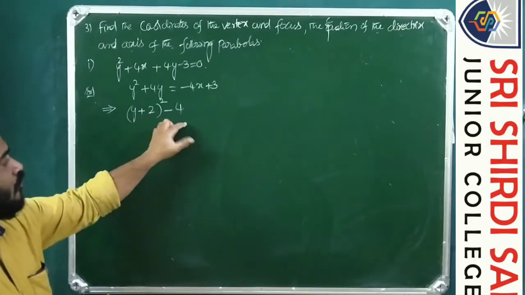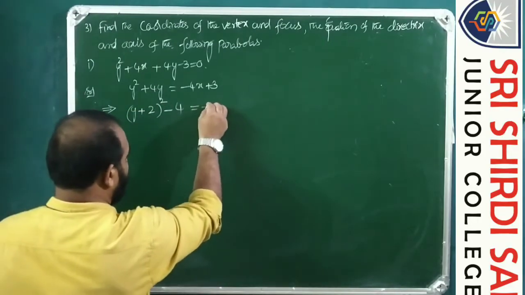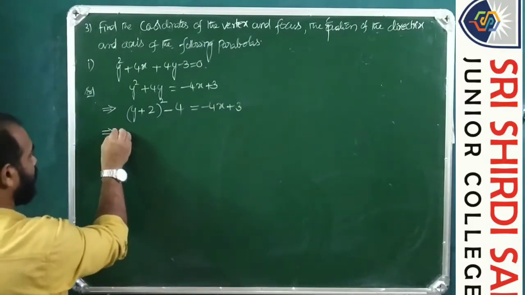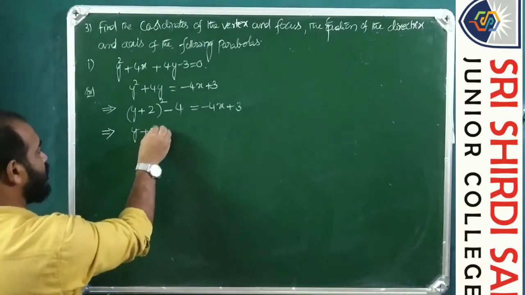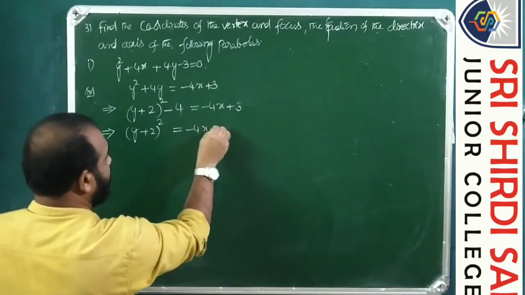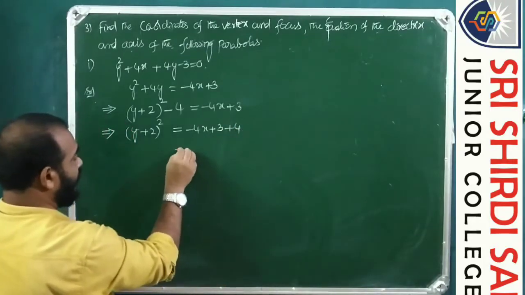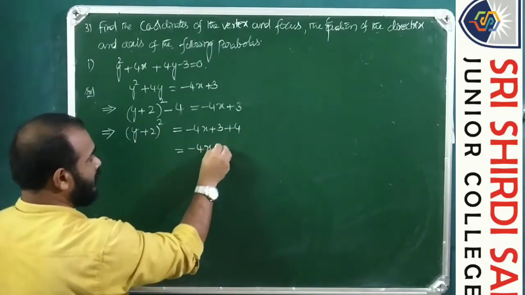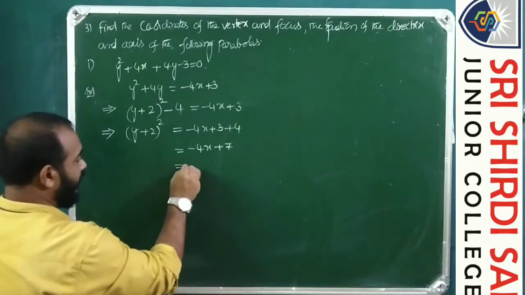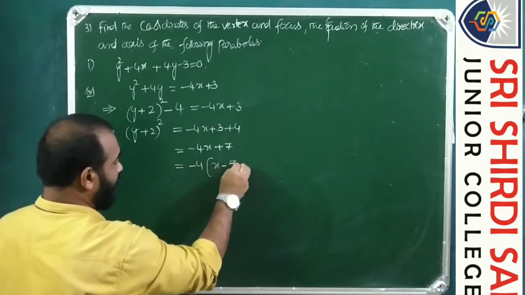So plus 4 minus 4 gets cancelled, we are left with the same thing only, equal to minus 4x plus 3. This is y plus 2 whole square equal to minus 4x plus 3 plus 4, which is minus 4x plus 7, since 3 plus 4 is 7. So this is equal to, take minus 4 as common, then x minus 7 by 4.